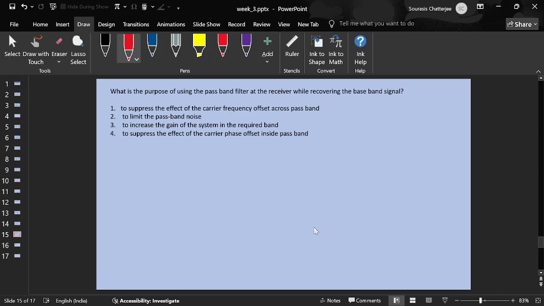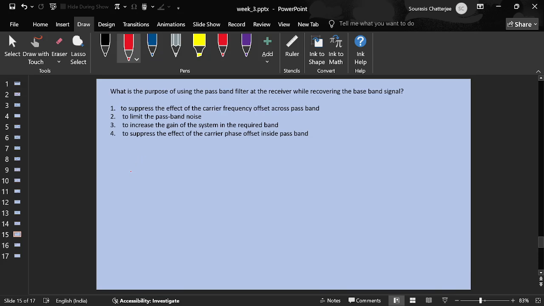Option C is also likely to be correct: to increase the gain of the system in the required band. But that's the task of the amplifier, right?